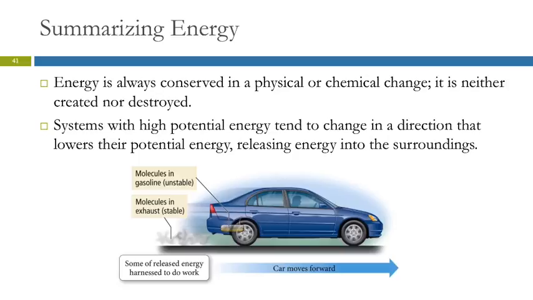Think about gasoline. Gasoline is unstable. We have to treat it with care because if you spill gasoline on the floor and there's a spark, all the gasoline in the air is going to combust. And it's potentially very dangerous. Gasoline has high chemical energy because of how the particles are arranged.